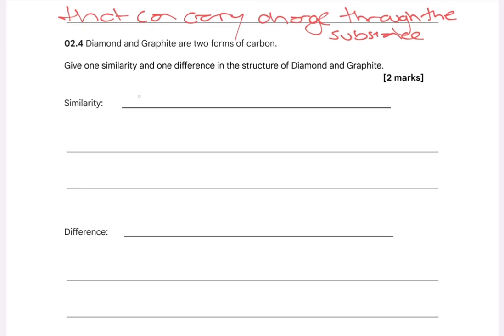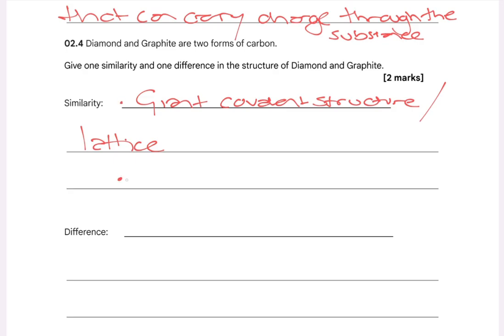Now both diamond and graphite are giant covalent structures, so in the same way that salt, sodium chloride, was a giant ionic structure, this is a giant covalent structure made up of many bonds, many atoms, very strong bonds, etc. A simple similarity is it's a giant covalent structure. You could alternate the word structure for lattice, that's often an acceptable route out as well.